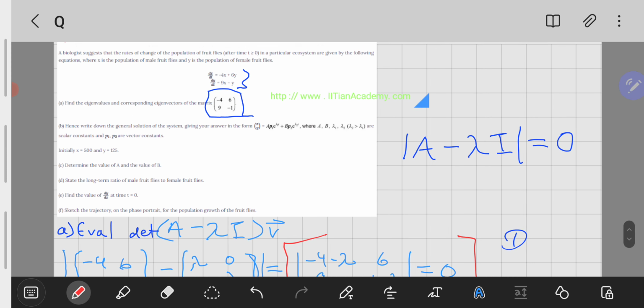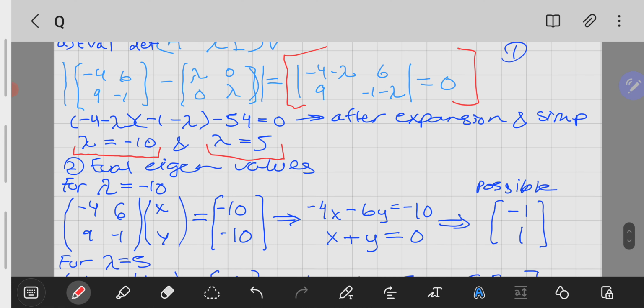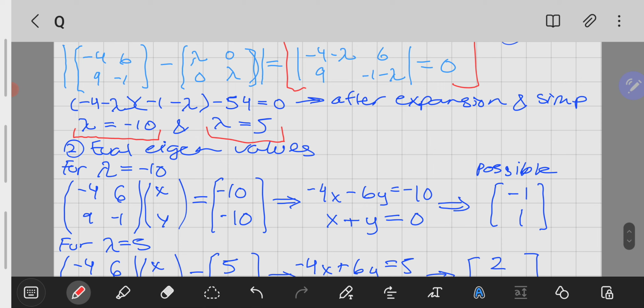Now, for our next question, we continue to evaluate the values for these given eigenvalues. First off, evaluating lambda equal to -10, we multiply by our x and y to solve the system of equations and equate to our lambda value.